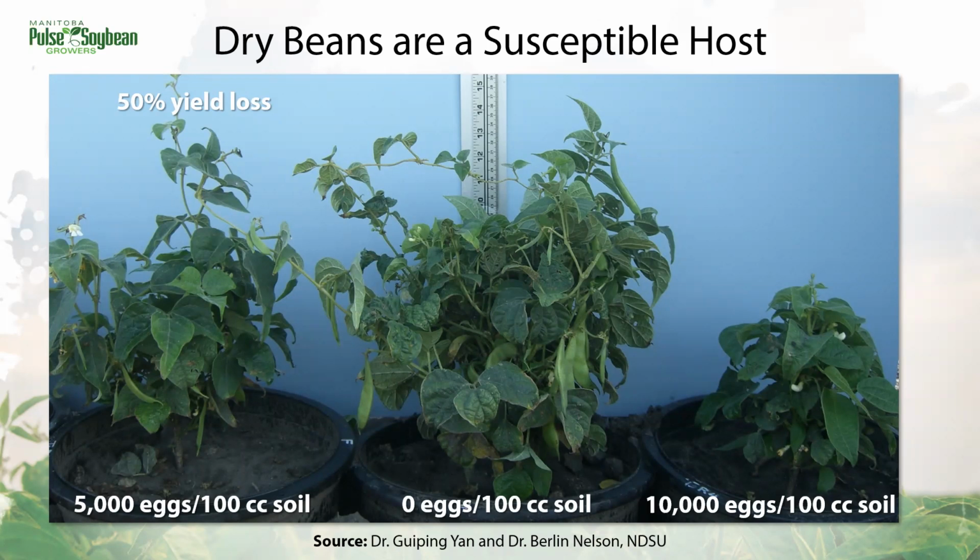In this experiment, at 5,000 eggs per 100 cc of soil, these pinto beans experienced 50% yield loss already. At those even higher levels, beans were incredibly stunted, with hardly any pods, very negatively impacted. This was work done by Dr. Yan and Dr. Nelson at NDSU.